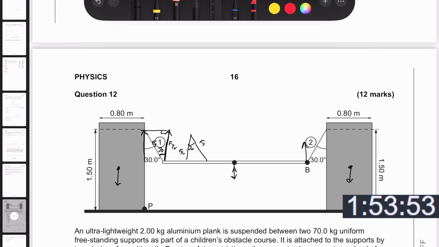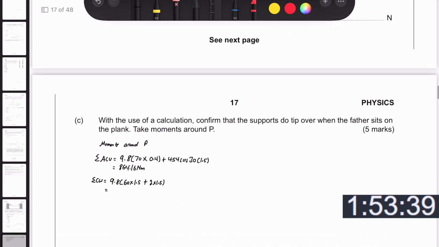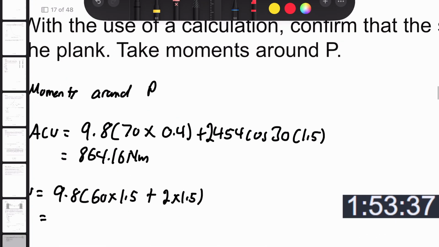I get 911.4, which means it's greater than, which is not good. This may be 2 times.